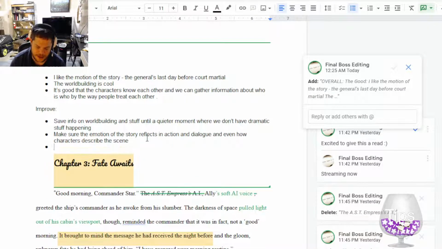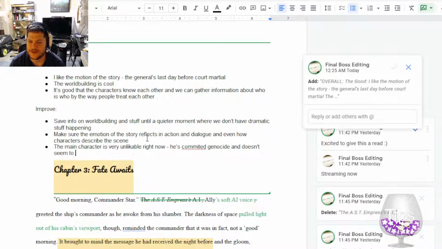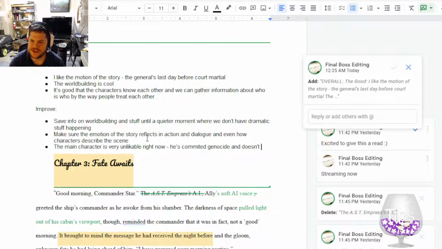Yeah, and I'd say the main character is very unlikable right now. He's committed and doesn't seem to, and hasn't given us a good reason why.